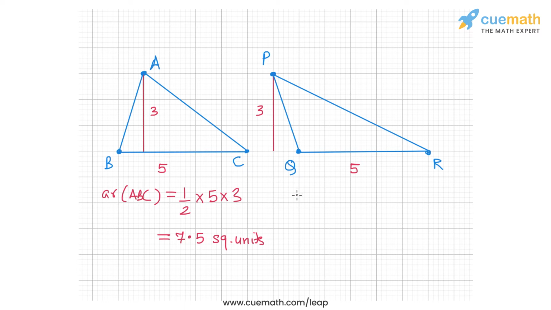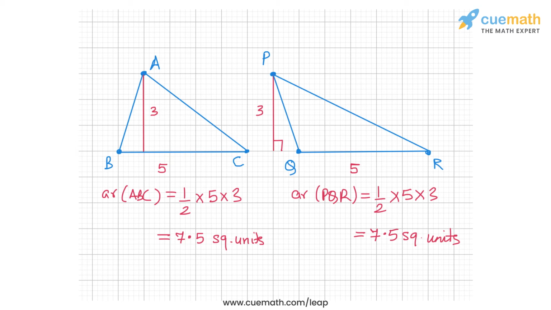And the area of triangle PQR will be half into base into height, so half into 5 into 3, because the height is 3, which is 7.5 square units again. So the two triangles have the exact same area, but we can see that these two triangles are not congruent. They have completely different shapes. So this is an example of two triangles with the same areas, but which are not congruent.